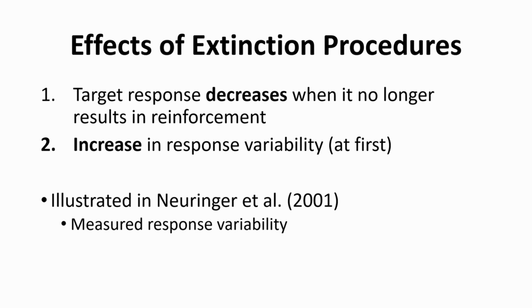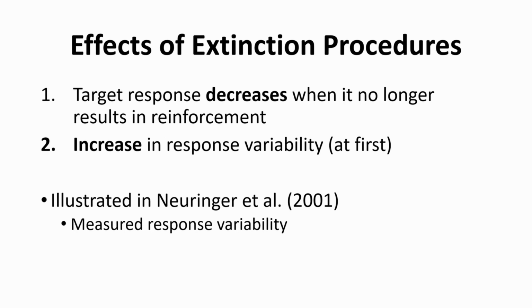So let's do an official summary of the effects of extinction procedures and apply what we just talked about in terms of our example. There are two major things that we tend to see with extinction procedures. The first is probably the most obvious and the most well-studied of these effects, and this is that the target response decreases when it no longer results in reinforcement.